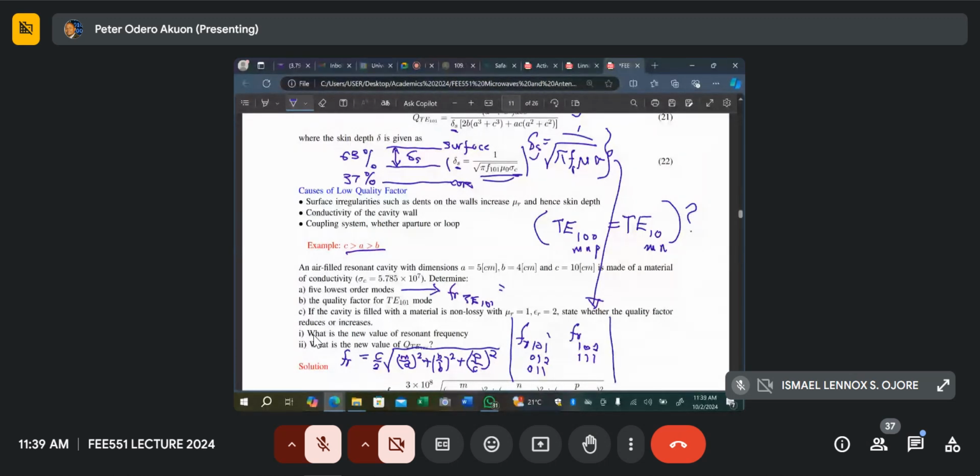You're looking for this first one. So M is 1, A is 5 centimeters, so change this to meters and square it. Then B equal to 0, so the second term goes to 0. P is equal to 1, and C is 10 centimeters. What is FR for 101?